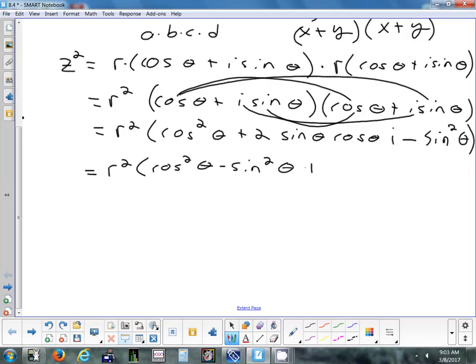And then I'm going to put plus, and the last thing I have is 2 sine cosine, and that's imaginary. So this and that is something special. Does anybody recognize what cosine squared minus sine squared is?